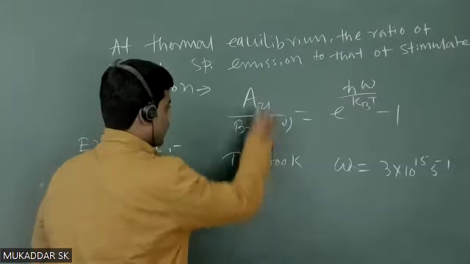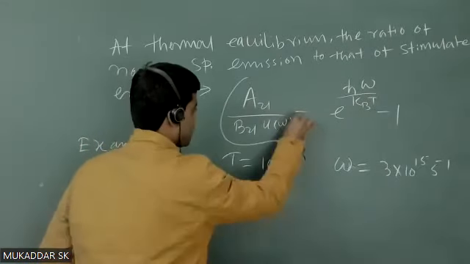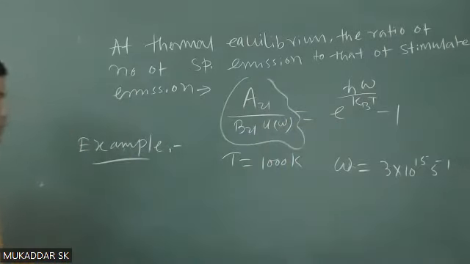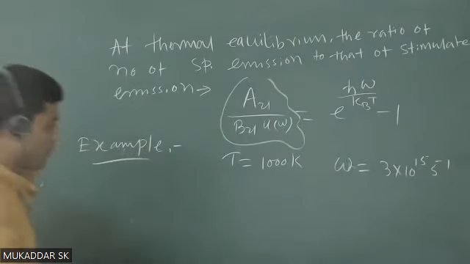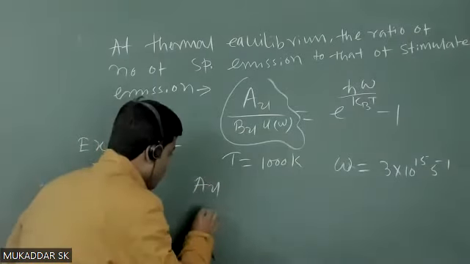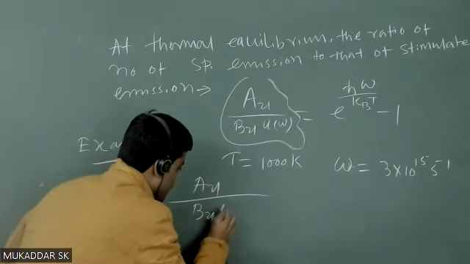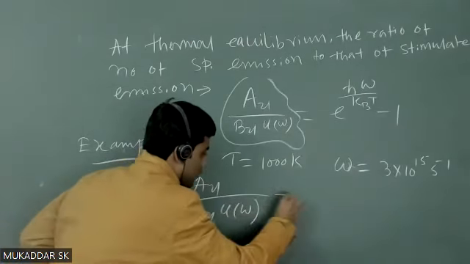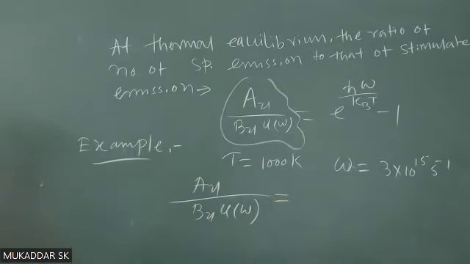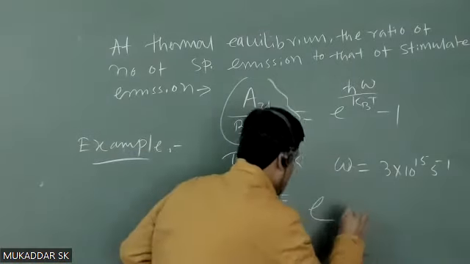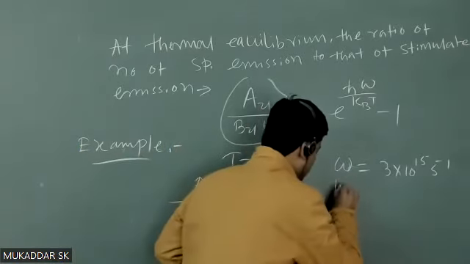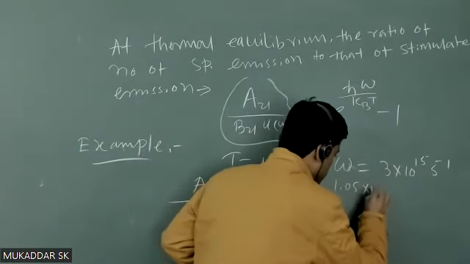Now, can you please calculate this ratio of number of spontaneous emission to that of stimulated emission? So it will be how much? Ratio of spontaneous emission to that of stimulated emission. That will be how much? Exponential h cross is how much? That is 1.05 into 10 to the power minus 34.